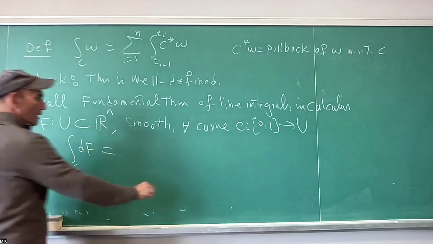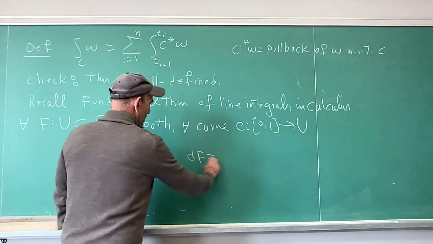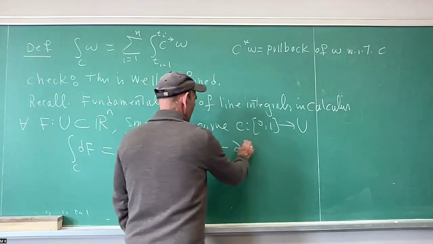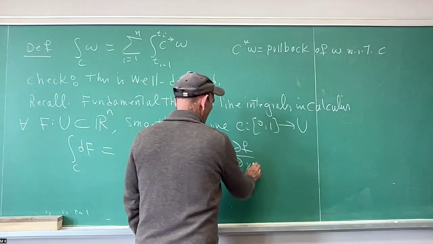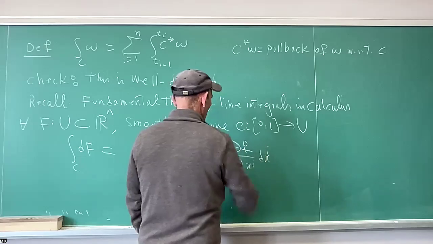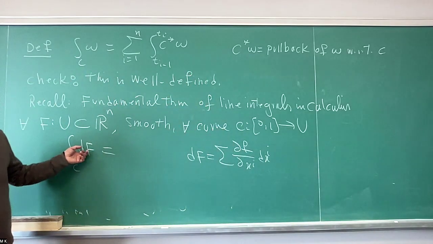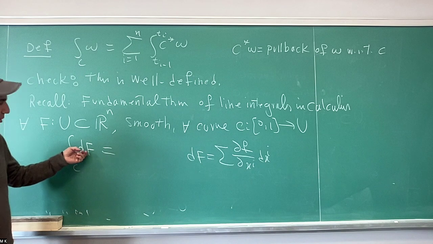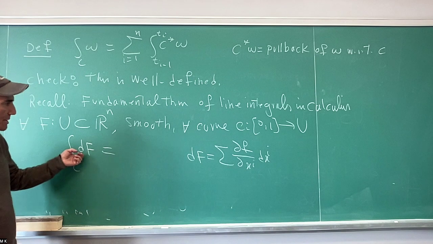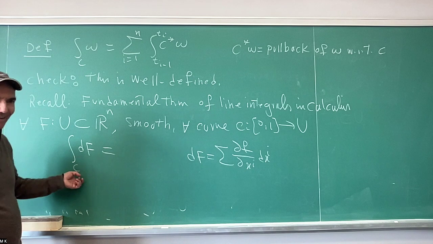But df is a sum of df dxi. I mean, in calculus, you don't write df, you just write gradient of f, but that's really df. Gradient is the wrong concept for this sort of things we are doing. So this is df. What is this?